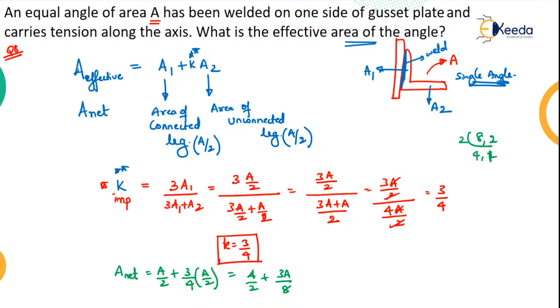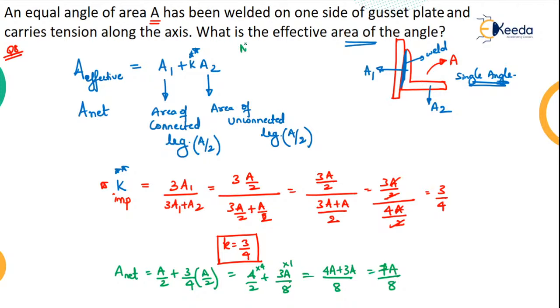For 8 and 2 the LCM will be what? 8 will be the LCM. So this will be multiplied by 4 and this will be multiplied by 1. So you will get 4A plus 3A. That's nothing but 7A by 8. So either you write it as 7A by 8.